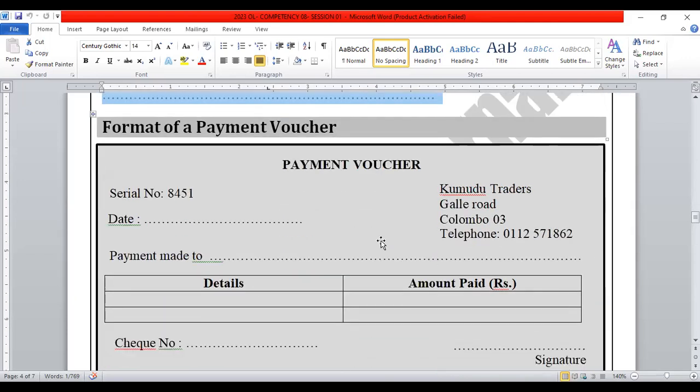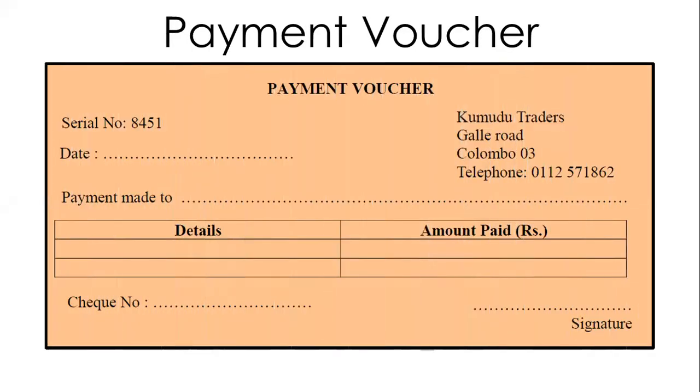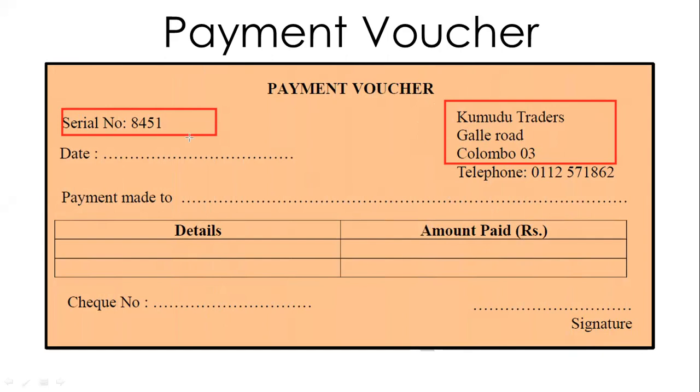Here you have the format of a payment voucher. This is the format. Once again, the name of the business. This is the voucher number. We record this in the cash book.